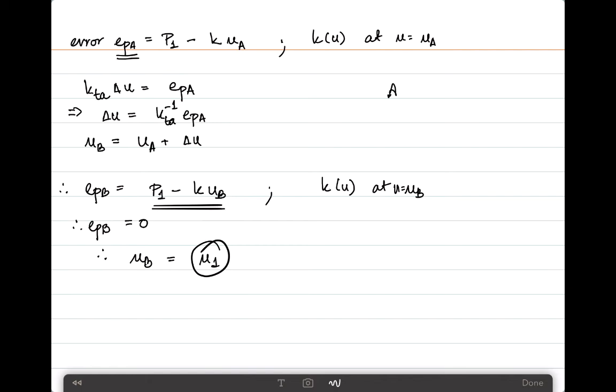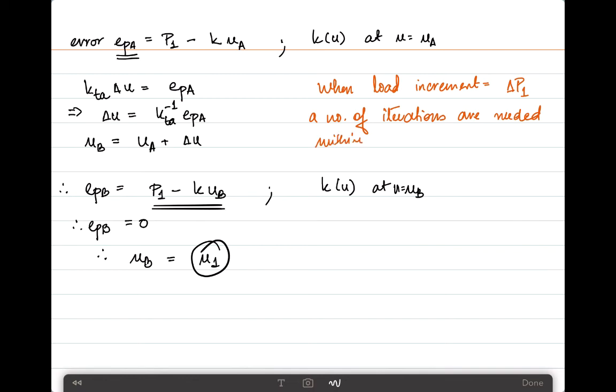And in this way, I find out that when the load increment is delta P1, a number of iterations are needed within this increment to get the final result U1.